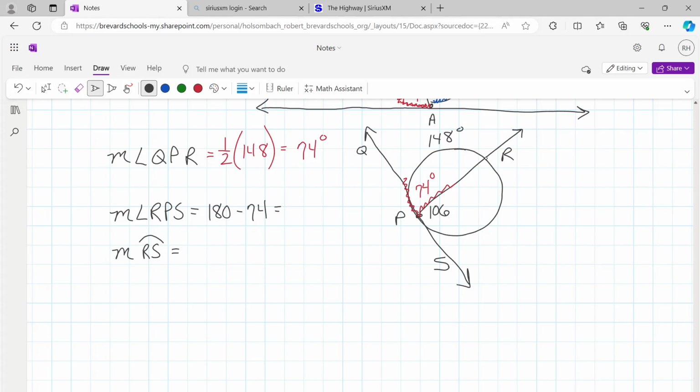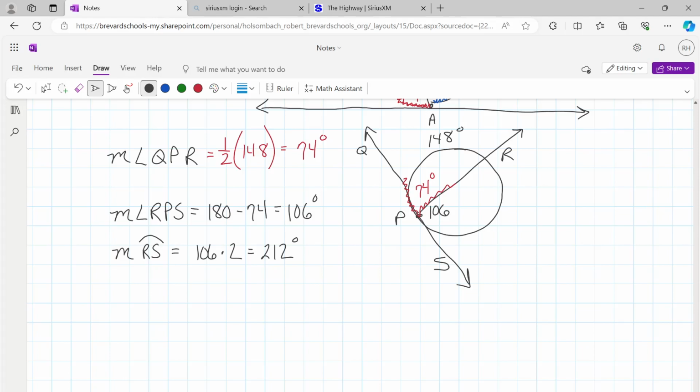So if we need this arc around here, the measure of arc RS is equal to 106 times 2, and 106 times 2 is 212. So you can use the rule both ways, okay?